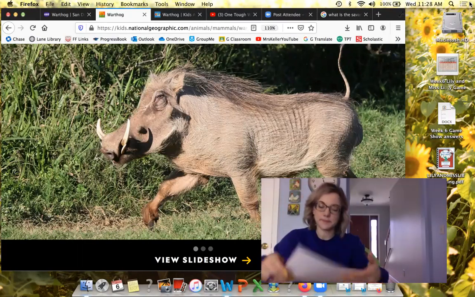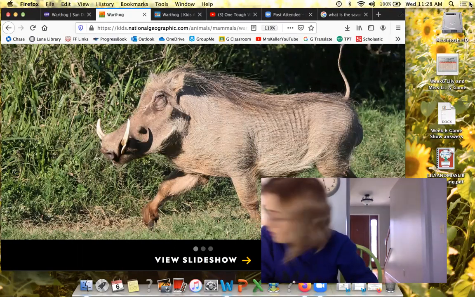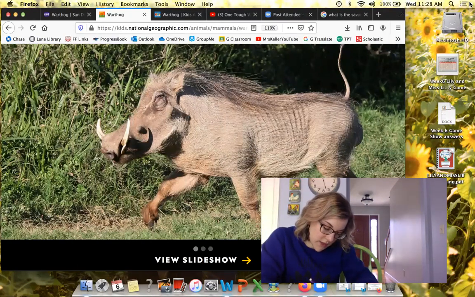Hooved feet. I might make note of the hair down the back. And I'm going to want to make note of the warts on their face.